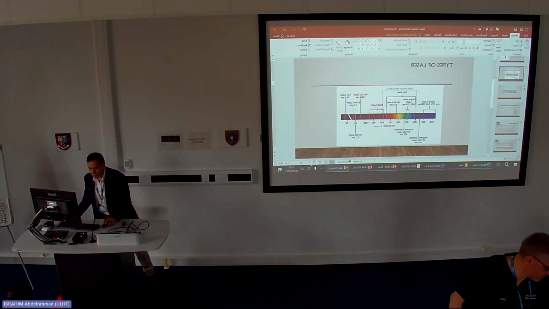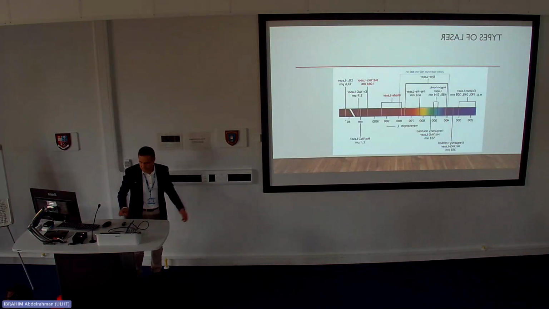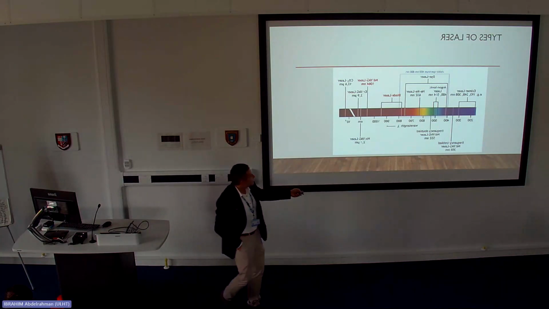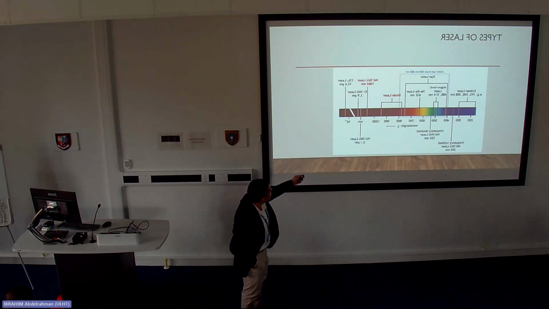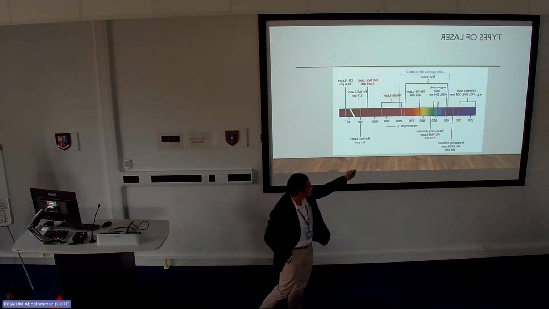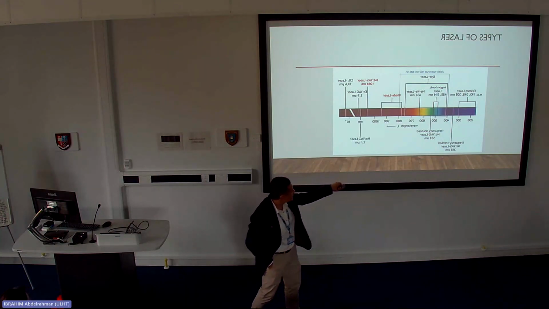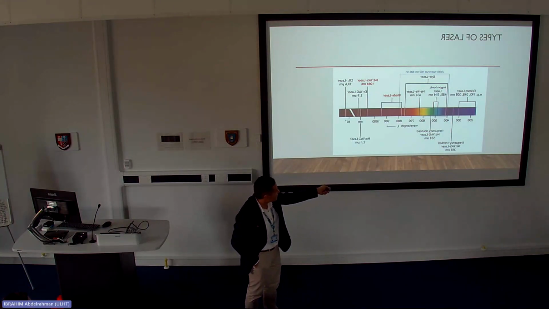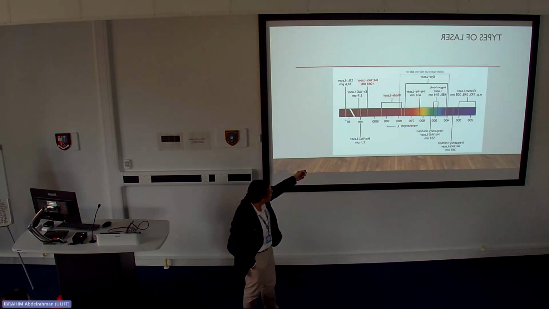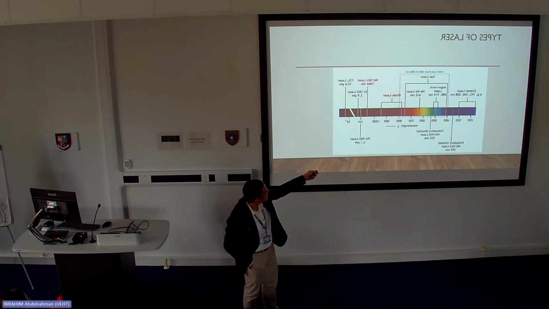So if we see those, the dye lasers are here, this wavelength in the middle. The highest one is the carbon dioxide, but you can see here is the KTP as well. The YAG laser, all of this is the KTP.